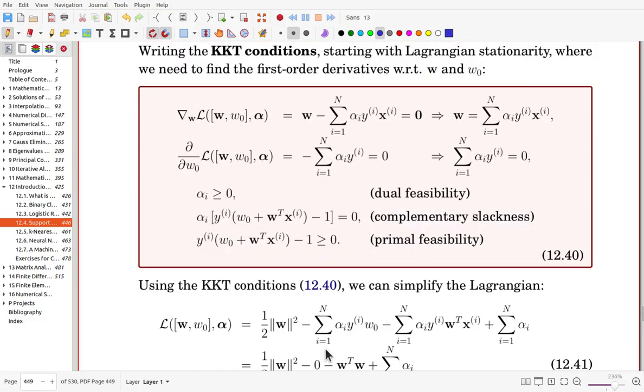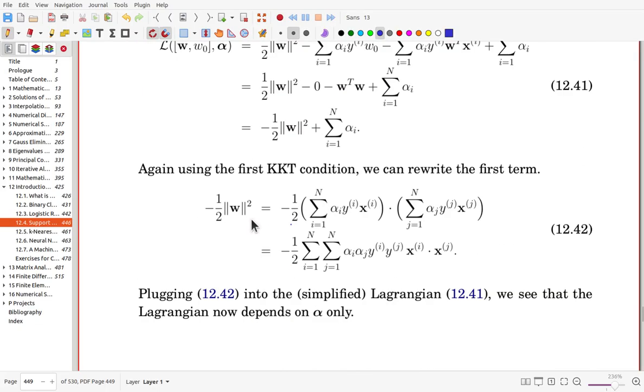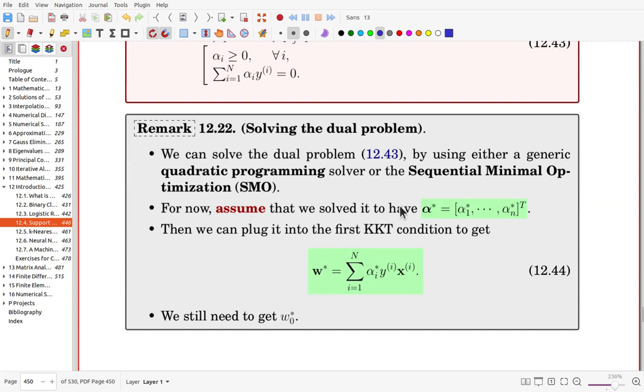Let's go back to the conditions. Once we know alpha values, and we already have the given data points and labels, once alpha values are known, then we can decide W. And also by using these equations, we can decide also W0. So once we found the optimal alpha values, then we can decide W optimum quite easily.